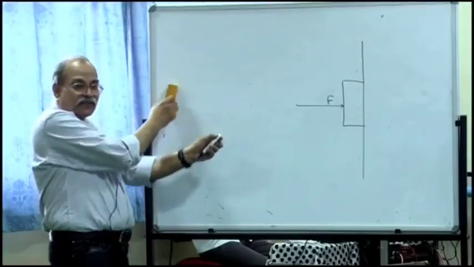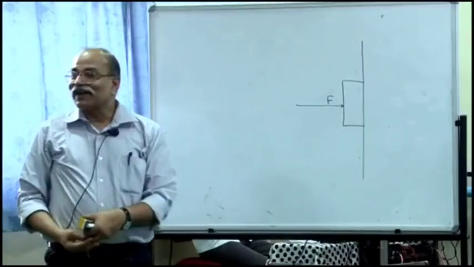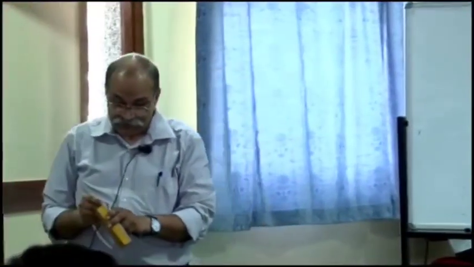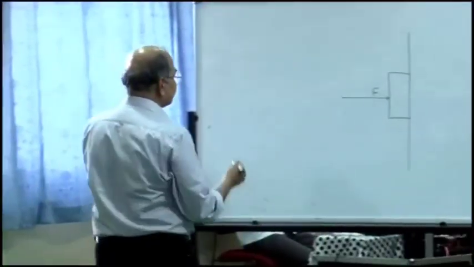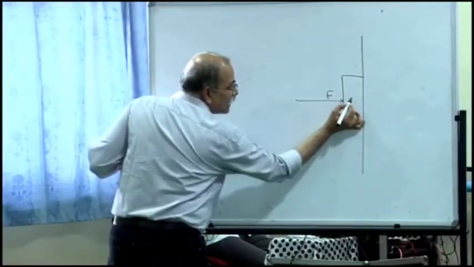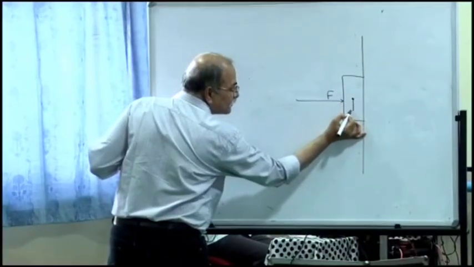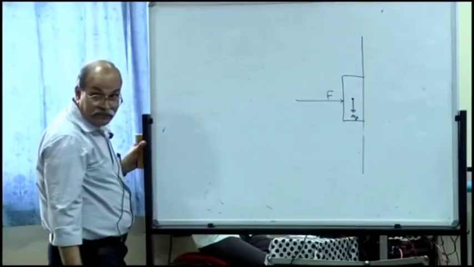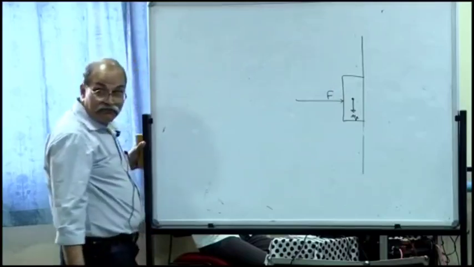Now tell me, what are the external forces on the duster? Yes. So mg, I draw it from the center. So mg. Friction. Where? Friction.